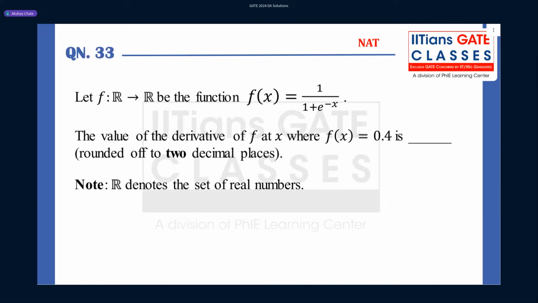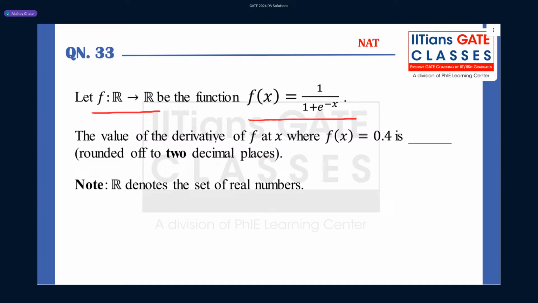So this is the 33rd question in the paper. Here again, a function which is mapping R to R is given, and the exact nature of the function is also given. It is 1 divided by 1 plus e to the power minus x. E represents the exponential function, and it is mentioned that we need the value of the derivative of f at x where f of x is 0.4.